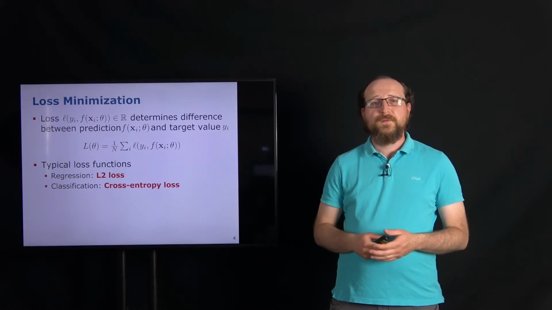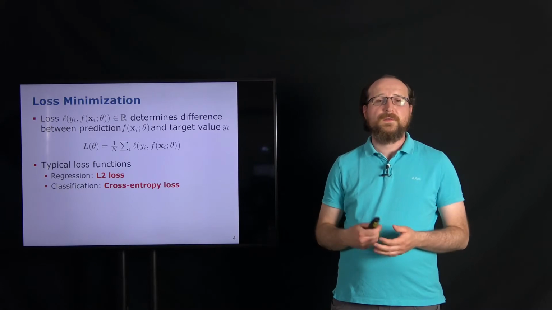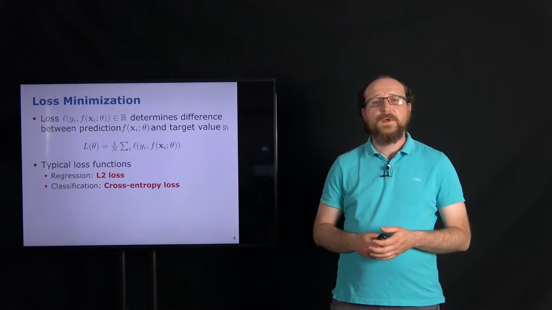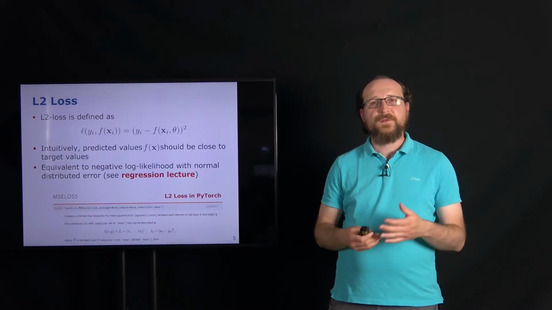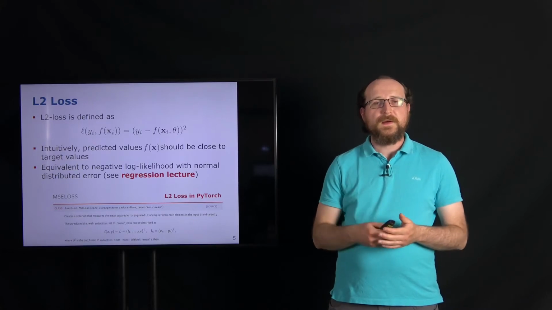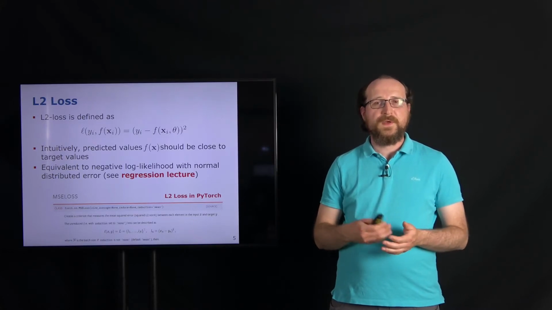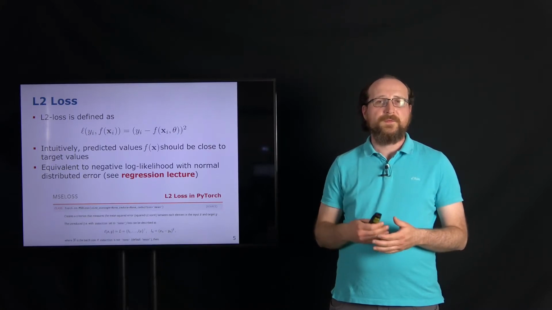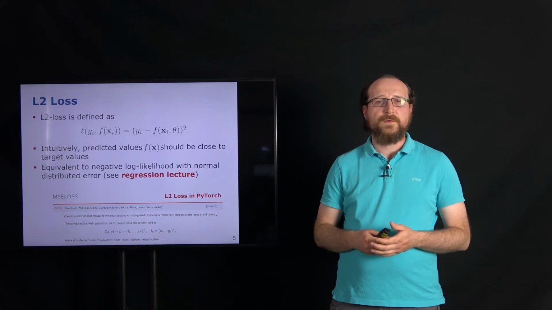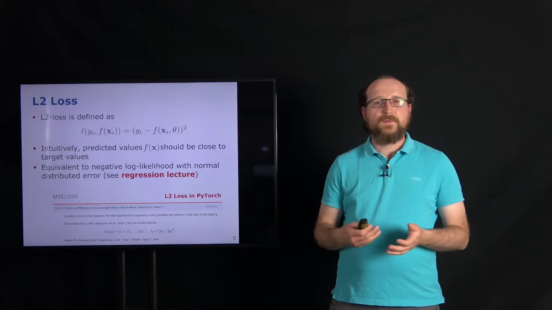Typical loss functions that we can use are the so-called L2 loss for regression and the cross-entropy loss. The L2 loss is defined by the difference between the target value, which is now a scalar, and the predicted value, which is the outcome of the convolutional network, and this is then squared.